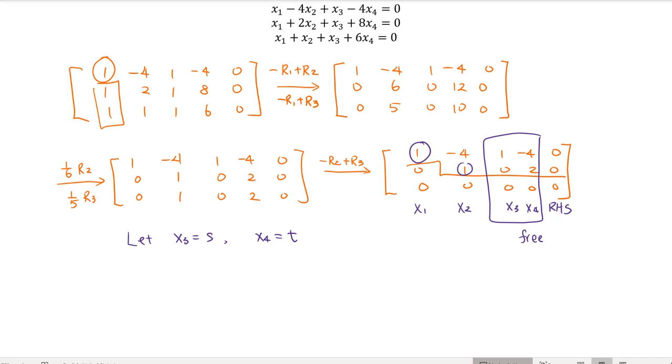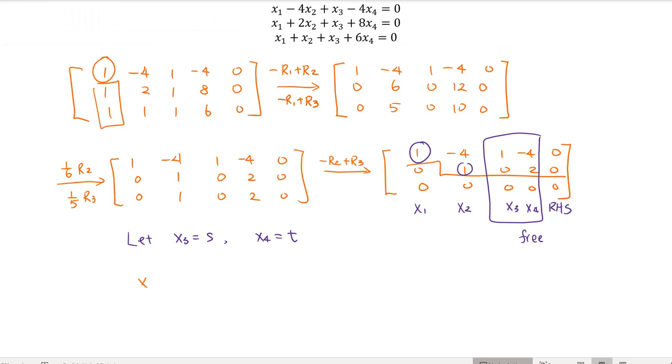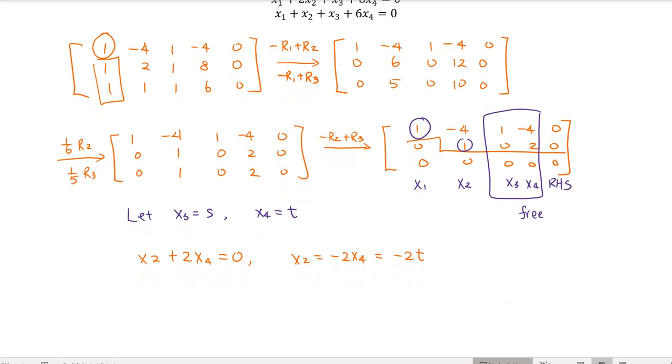Okay, second row tells us that x2 plus 2x4 equals 0. So x2 equals minus 2x4, x4 is t, so minus 2t. And then first row tells us that x1 minus 4x2 plus x3 minus 4x4 is 0.